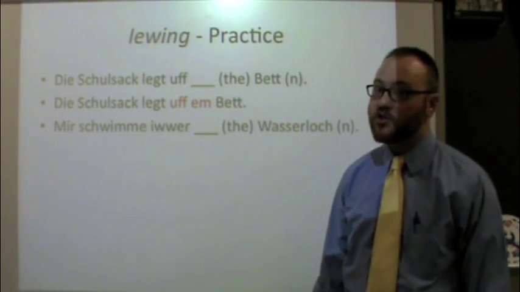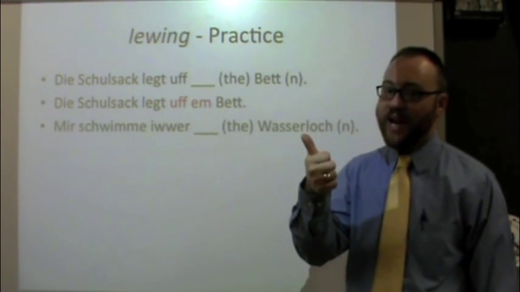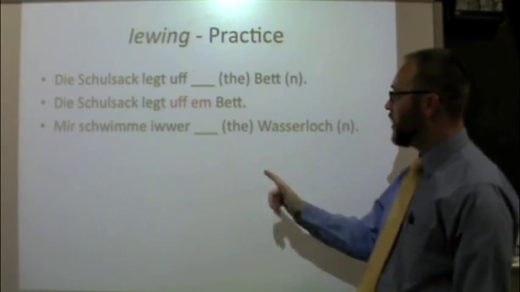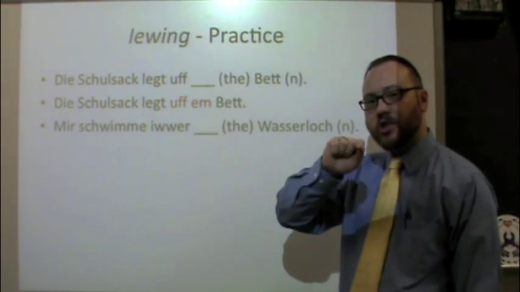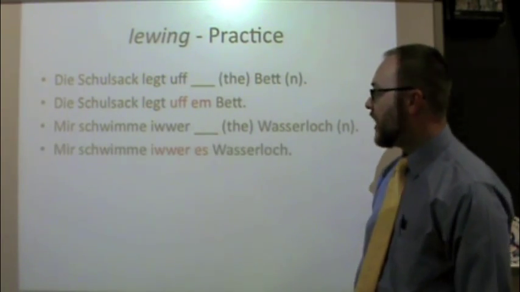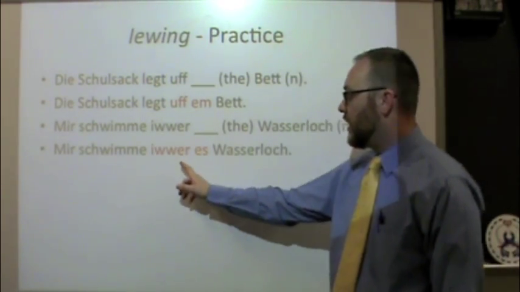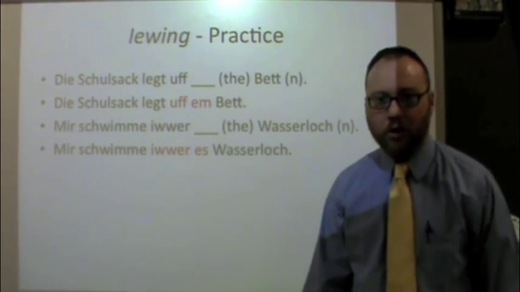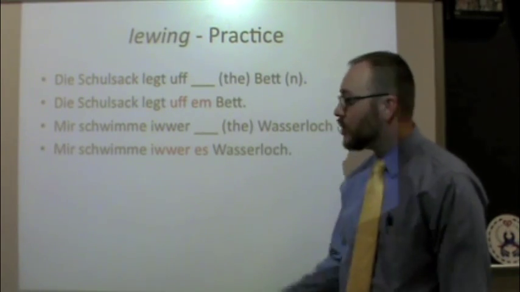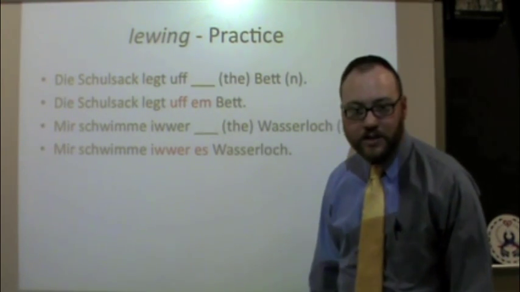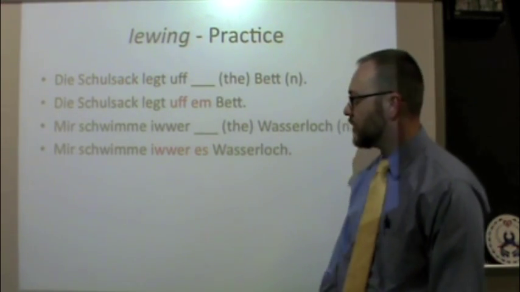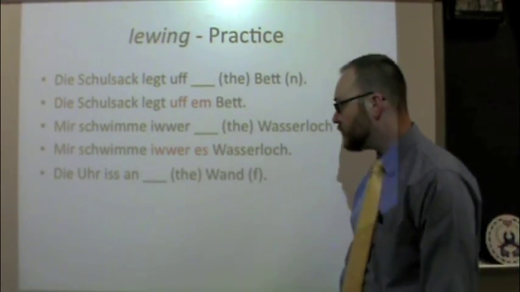There's motion there. So, question number one is answered by accusative. Gender, I'm telling you it's neuter. So look in your chart again. What is the neuter accusative form of the? And you get wir schwimmen über es Wasserloch. And again, you could have written this just combining these two, but again, I broke it apart. It doesn't matter.